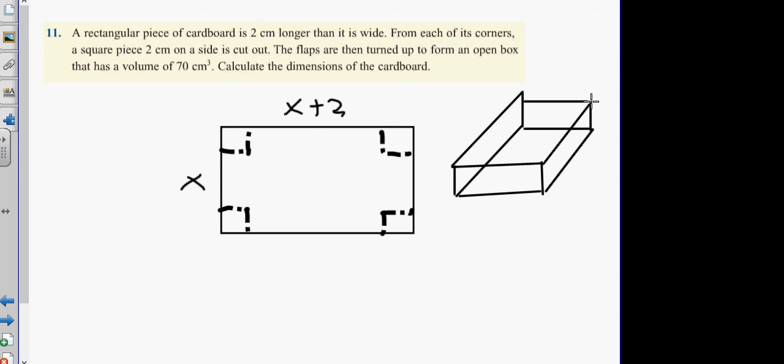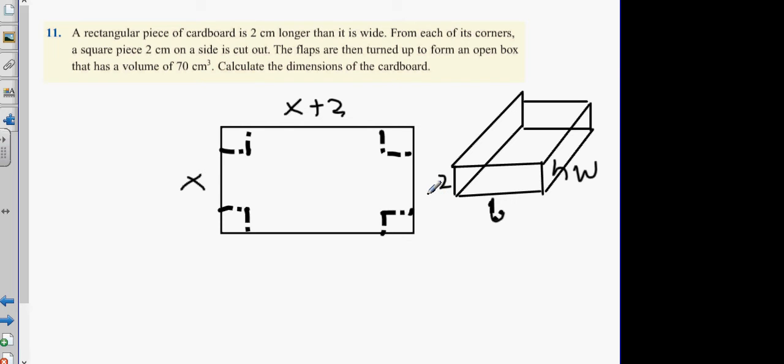It's a bit dodgy. Okay, now so that's what we formed. Now remember, volume. We want to calculate the volume, right? Volume is length by width by height. Now what we can definitely say for sure is that the height is what? 2. Okay, so we have the height already.